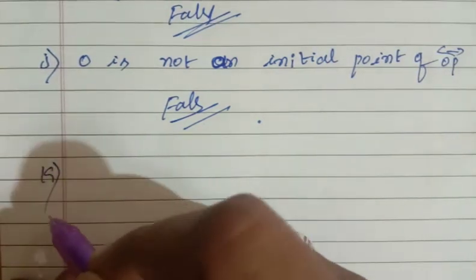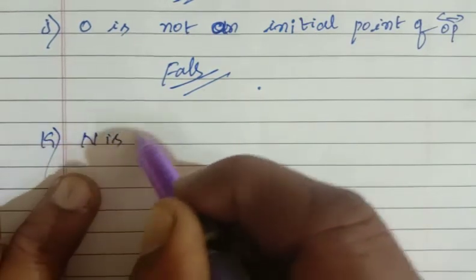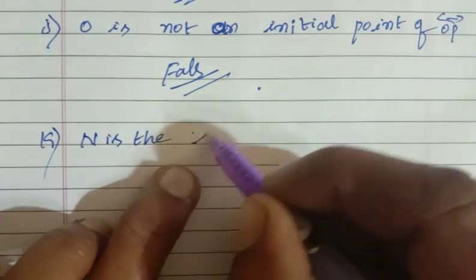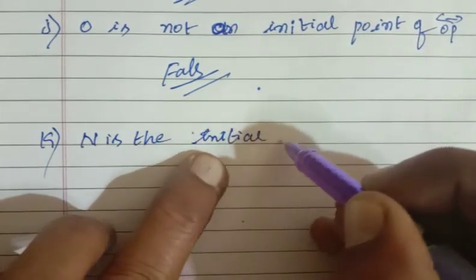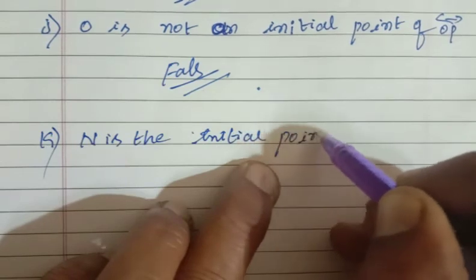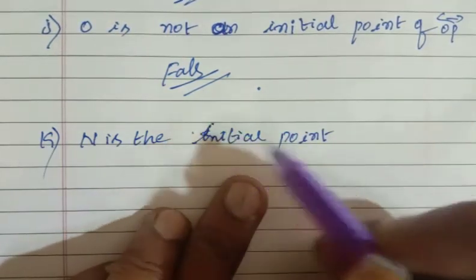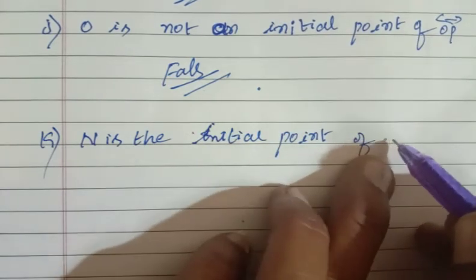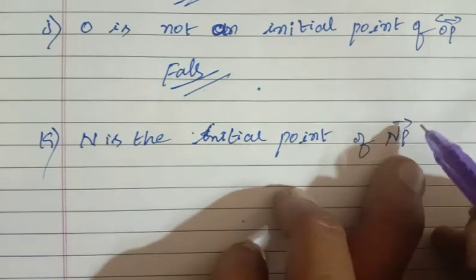Now take K: N is the initial point of NP and NM.